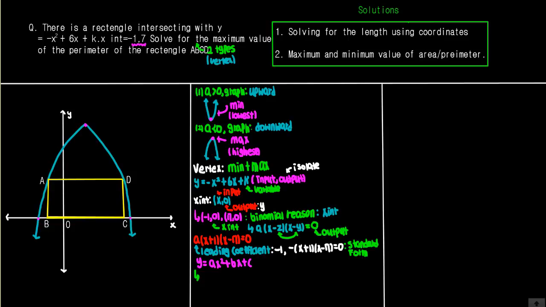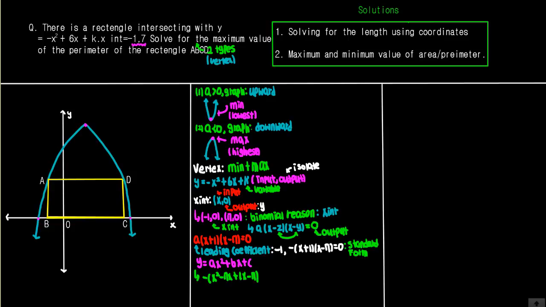So if we simplify our binomial form, it will be negative x squared minus 7x plus 1x. But it can't be negative 7x because we have our negative. So it will be negative times x squared minus 7x plus 1x, and then minus 7.